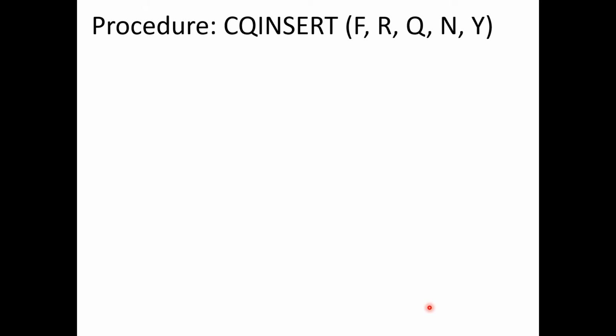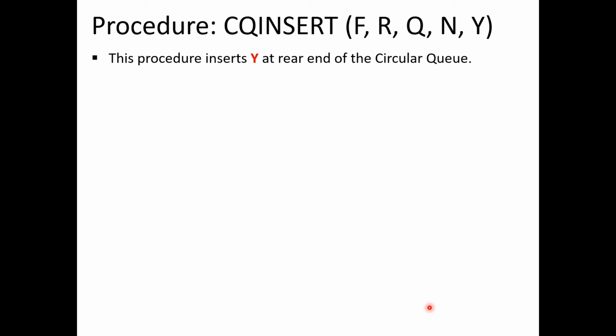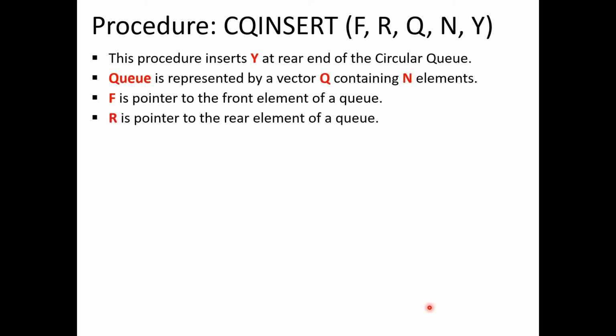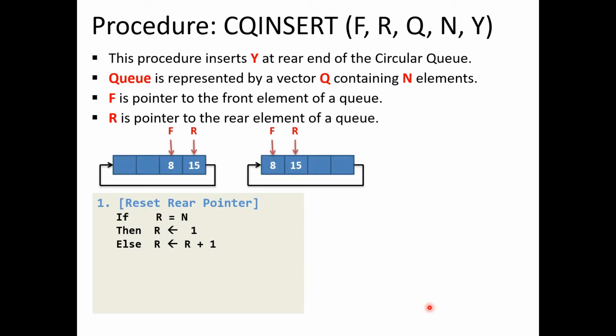Now this is the algorithm to insert an element into a circular queue. This procedure inserts y at the rear end of the circular queue. The queue is represented by a vector Q that contains n elements. F is the pointer to the front element of the queue and R is the pointer to the rear element of the queue. The first step is to reset the rear pointer.